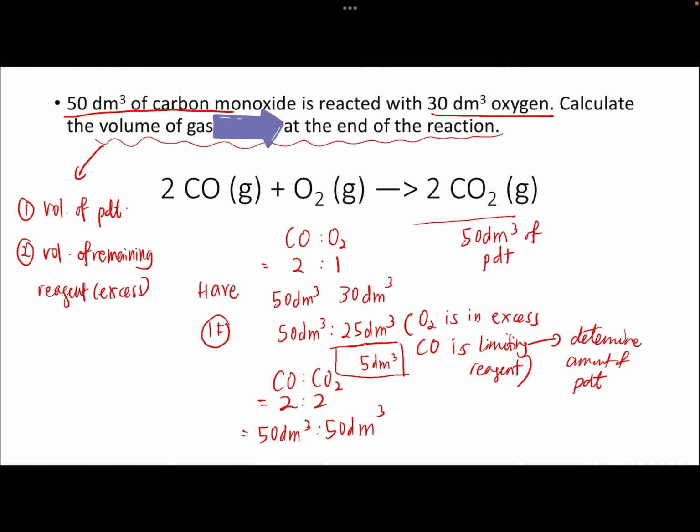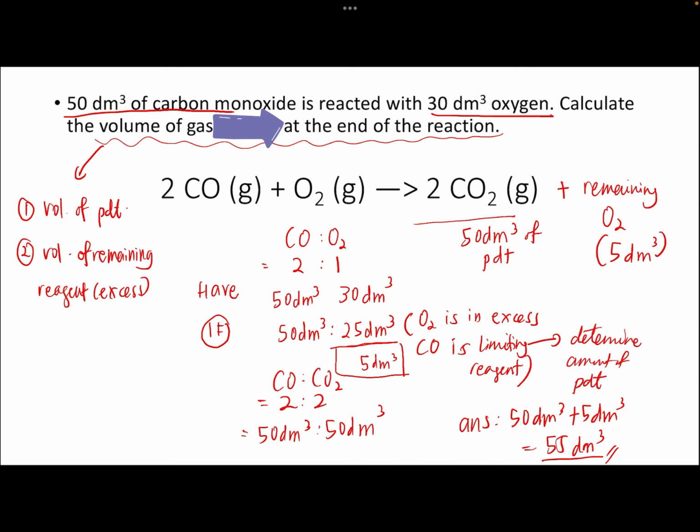So at the end of this experiment, I will have carbon dioxide, and I will also have remaining excess reactant, which is oxygen, and this is 5 dm³. Therefore your answer will be 50 dm³ plus 5 dm³, which is 55 dm³.